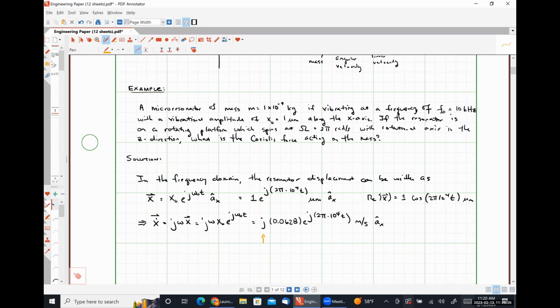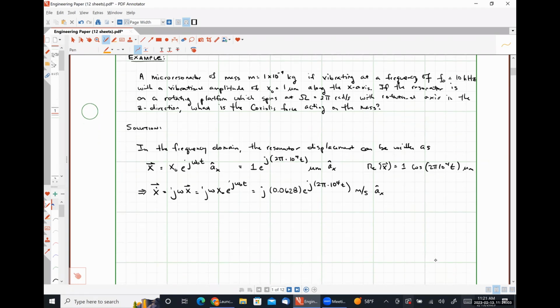As this thing is oscillating, when it reaches the end point of its oscillation and has to turn around, the velocity has to be 0. So maximum displacement means 0 velocity. Similarly, when it reaches that middle point, its displacement is 0, but it is traveling at the fastest speed possible. So that is how we're going to interpret our j in this case.